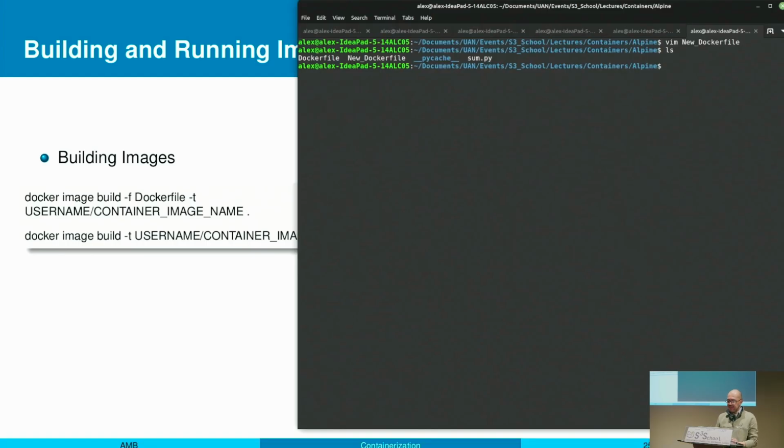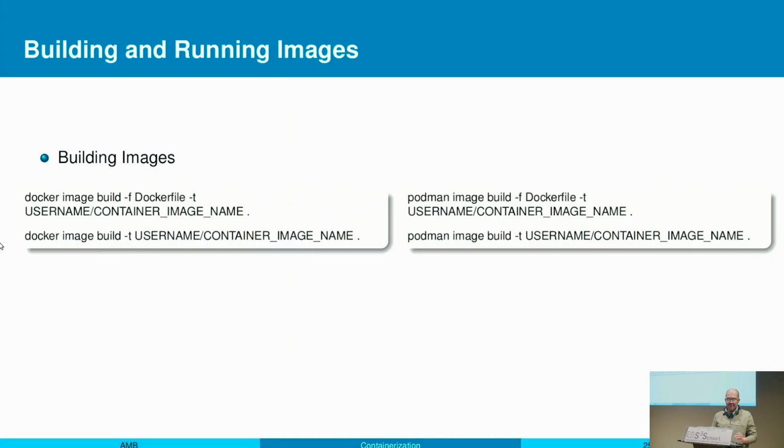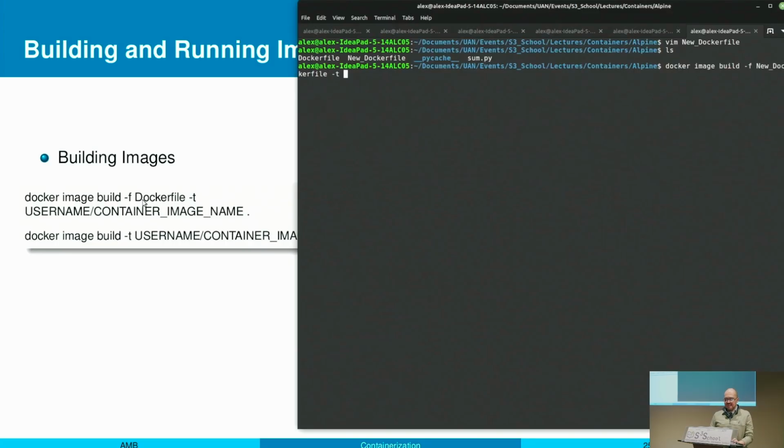So I'm going to run the first one: docker image build -f, the name of the file is new_Dockerfile, and then -t. Here you see I put username/container image name. The username is your account on Docker Hub. Since I don't have an account, I can put any name here.